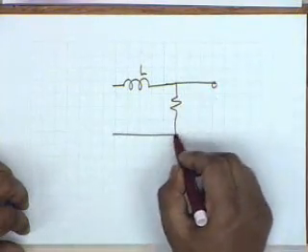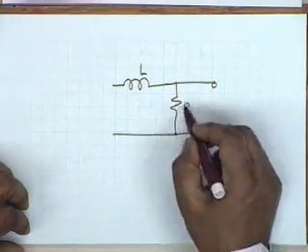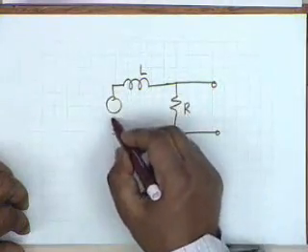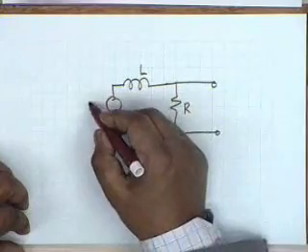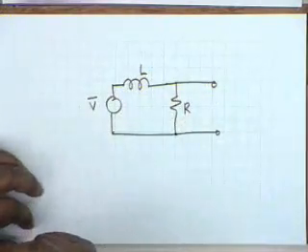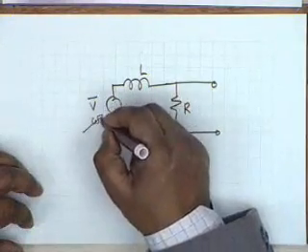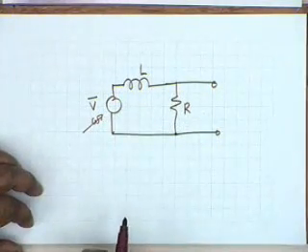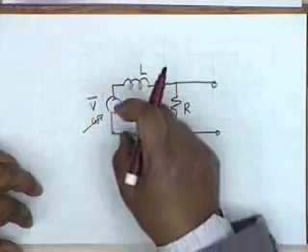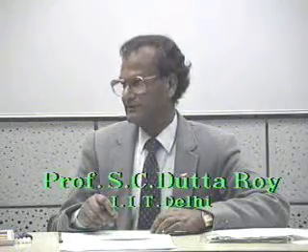Please be with me. And let's say this is a voltage phasor V whose frequency omega is variable. Frequency omega, for example, this could be a typical signal generator that is available in the laboratory.